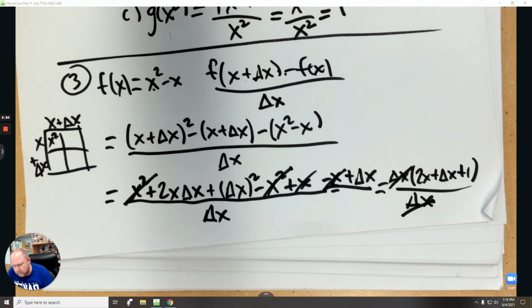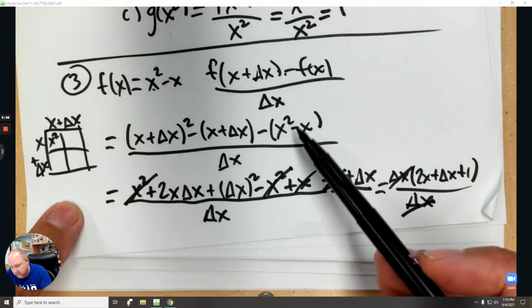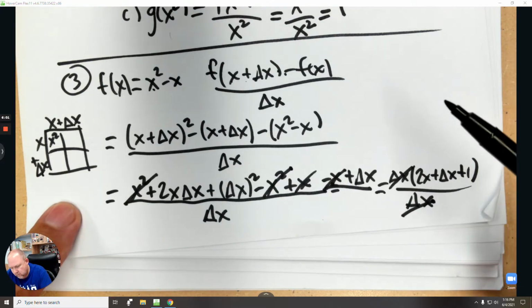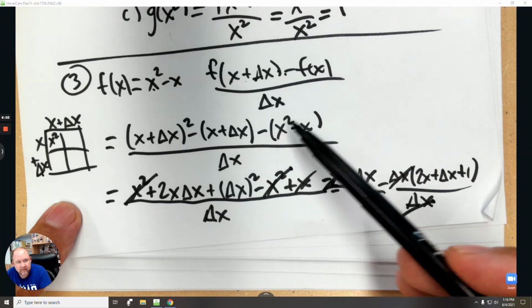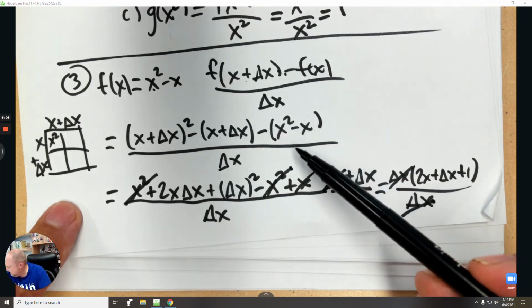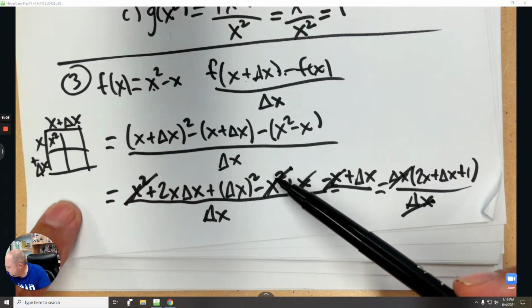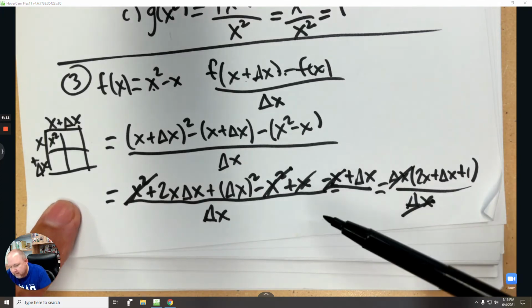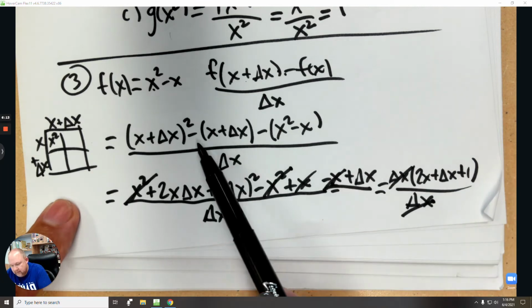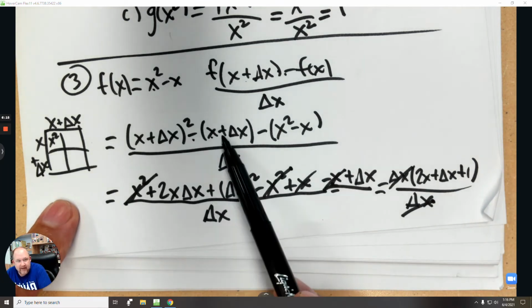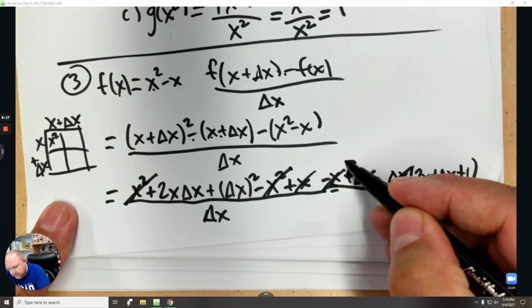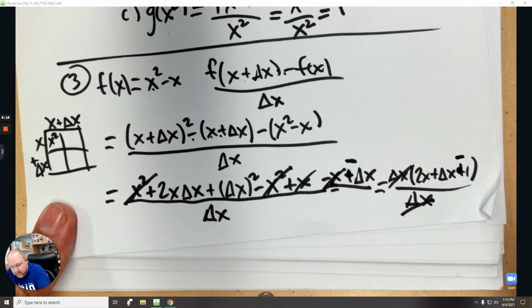Is it plus 1 or minus 1? So this should have been, negative x squared plus, right? This one right here should have been a minus sign. There it is. I know, right? A little confusing. Moving on.